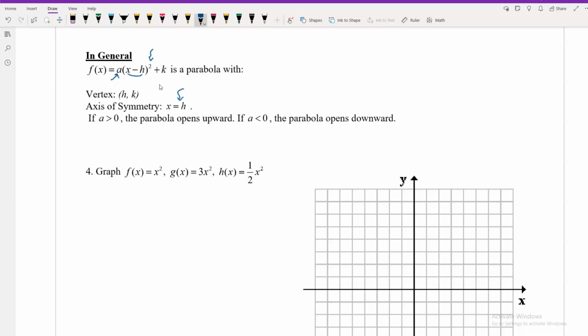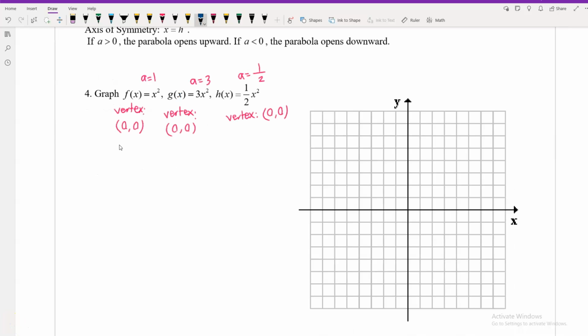Example: graph f(x) = x^2, g(x) = 3x^2, and h(x) = 1/2 times x^2. So here we have f(x) = x^2. That is f(x) = 1 times x^2 plus 0.